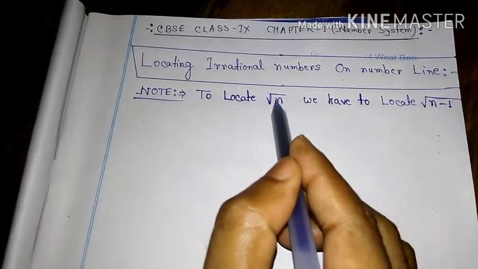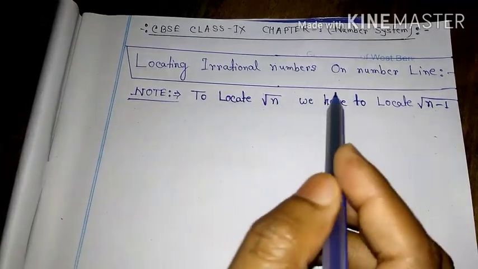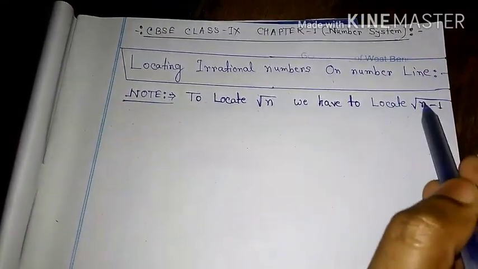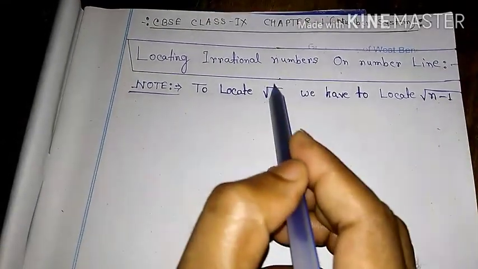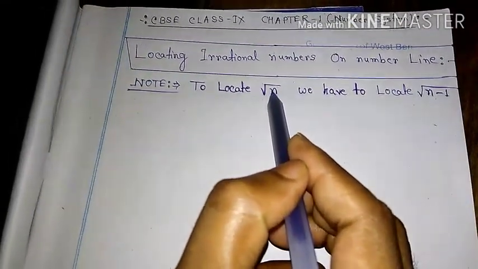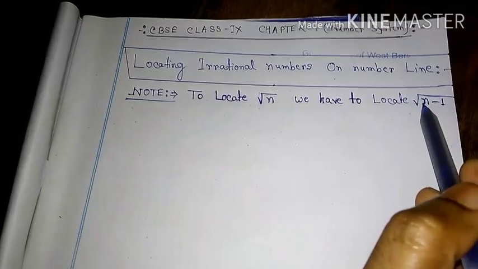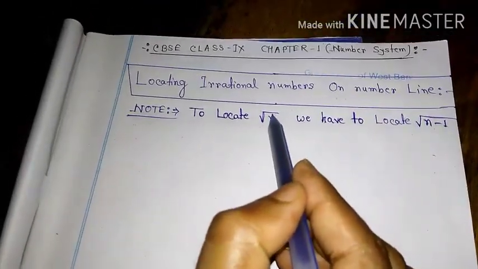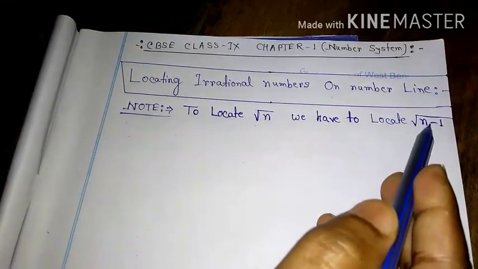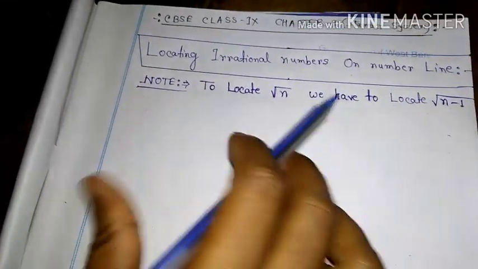That is, if you want to locate root 2, then first you have to locate root of 2 minus 1, that means root 1. If you want to locate root 5, then first you have to locate root 4, that means 2. If you want to locate root 3, then first you have to locate root 2.